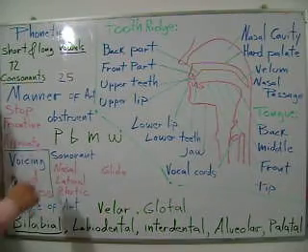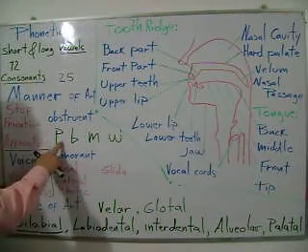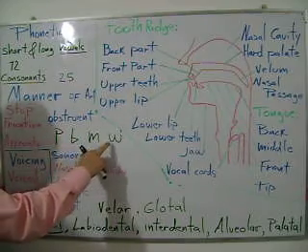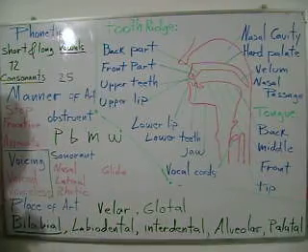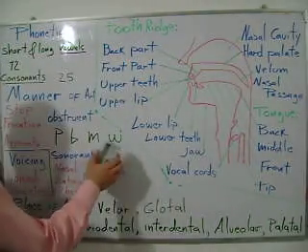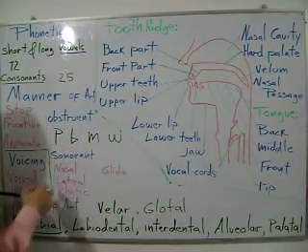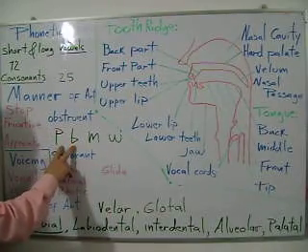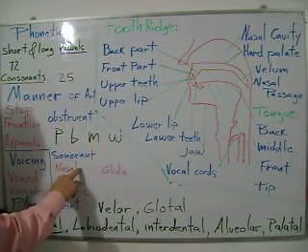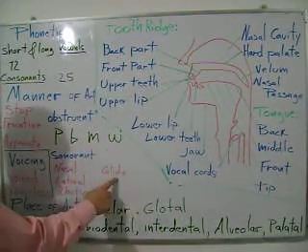In this case, this one is voiceless, voiced, voiced, voiced. Something to remember here is that these two are fricative, this one here is nasal, and this one here is glide.